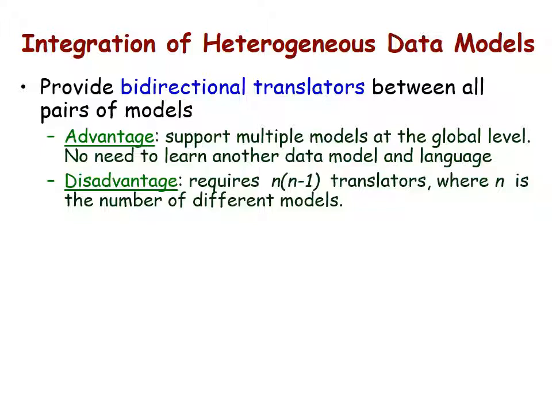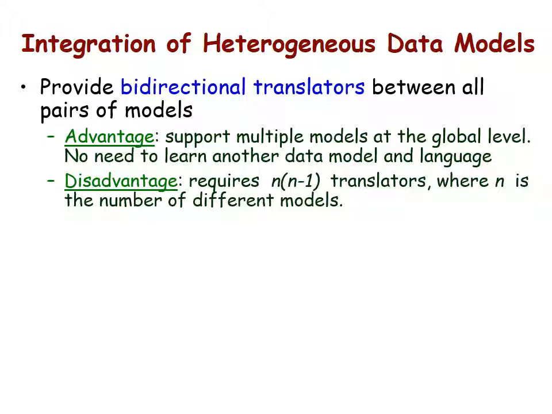As an example, we might have two database sites or locations. One uses SQL and another one uses an object-oriented query language. If SQL is supported at the global level, then one of the local queries generated from the global query must be translated from SQL to the object-oriented query language before it can be executed by the local database management system.